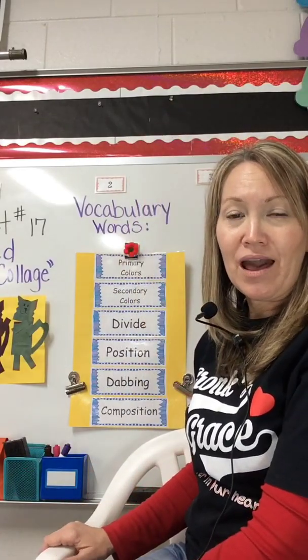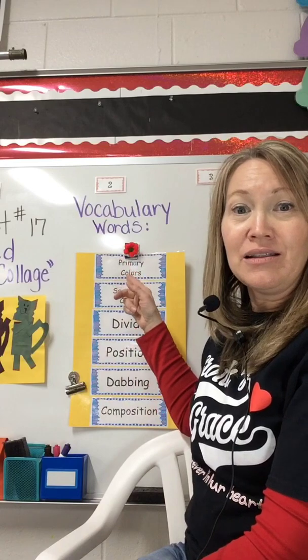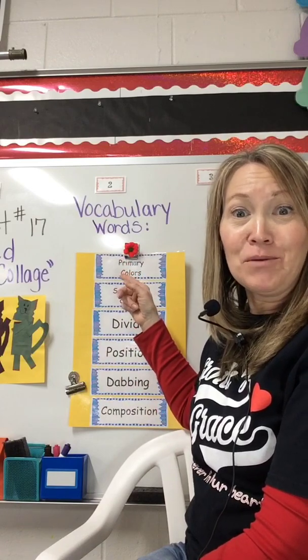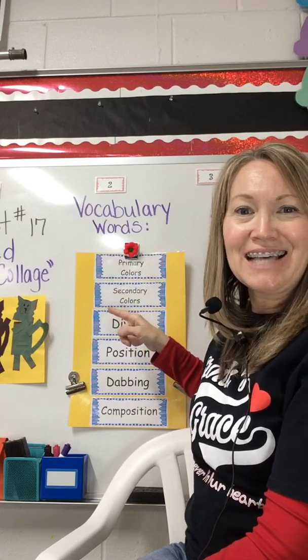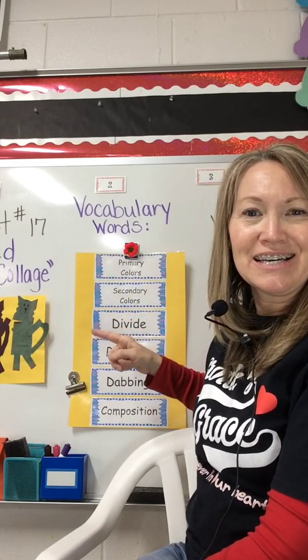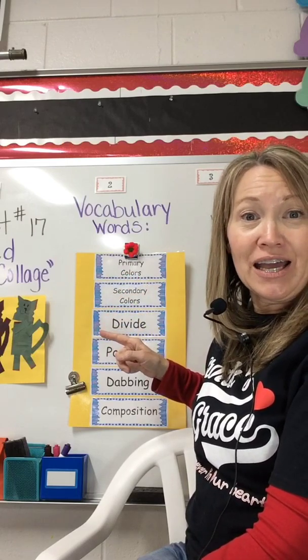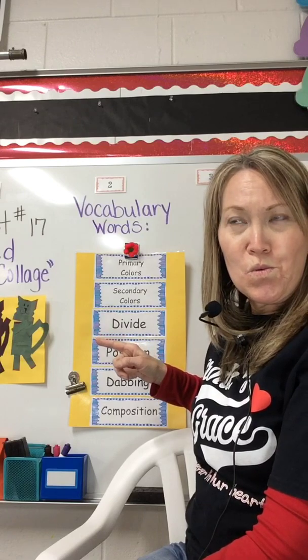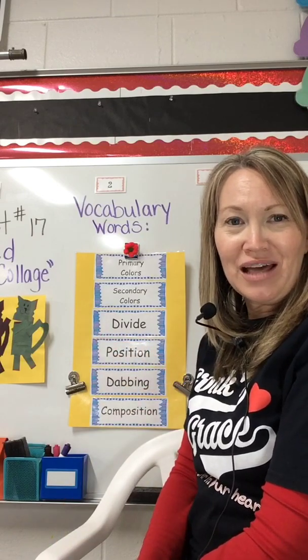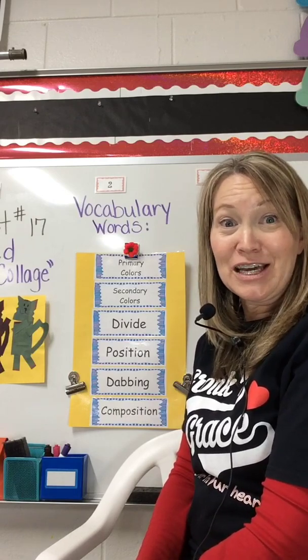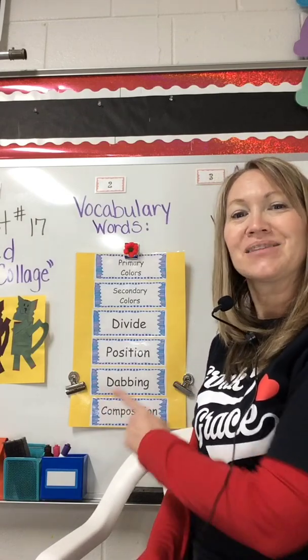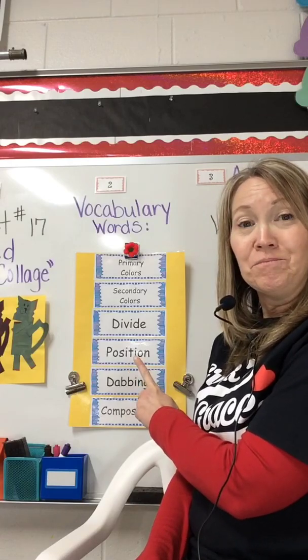Now, we could also talk about our vocabulary words. Now, up on top here is primary colors, secondary colors, divide. Oh, now, you might have heard that used in math before, but we're using it in art. Position.